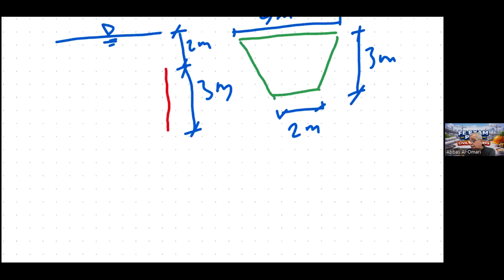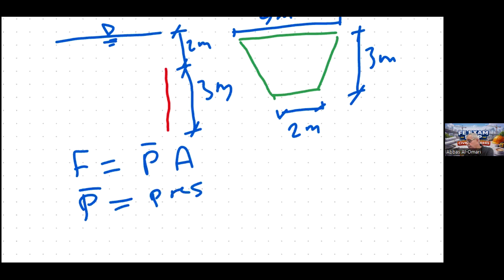So we know that the easiest way to calculate the hydrostatic force is by this formula, F equals P-bar multiplied by the area of the gate. Now what's P-bar? P is the pressure at the geometric centroid of the gate.